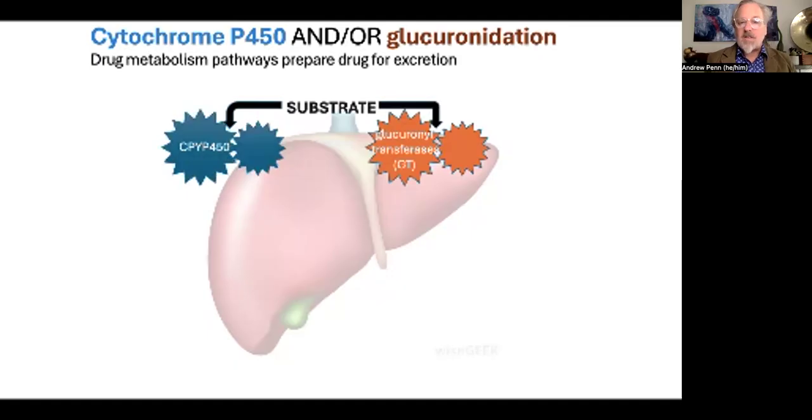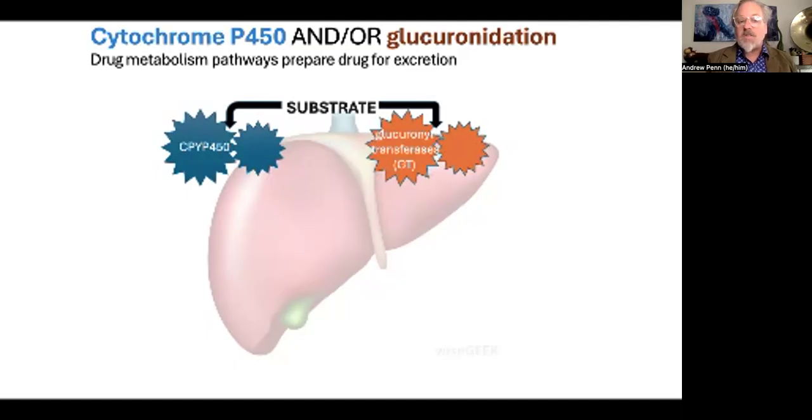There's a parallel system known as glucuronyl transferases, sometimes referred to as GT or UGT, which do a similar kind of job. Some drugs will go through the CYP450 system first, and then the metabolite will go on to go through glucuronyl transferases. That's not always the case, but some drugs will go through one and not the other. Some go through both. We don't need to concern ourselves with those specific examples right now.